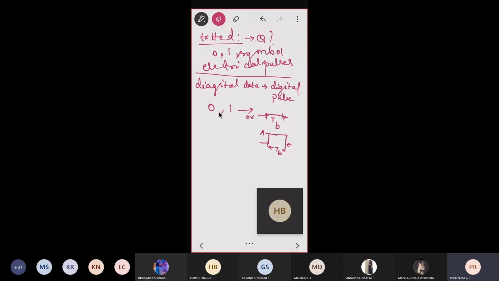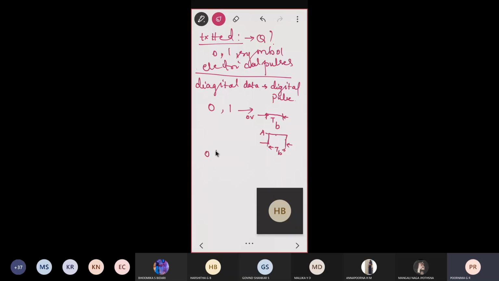Now, why is the conversion of digital data to digital pulse required? Because it is very essential for transmission over the channels, where the information is expected in the form of electrical pulses. Therefore we convert the incoming bit stream of 0 and 1 into electrical pulses.